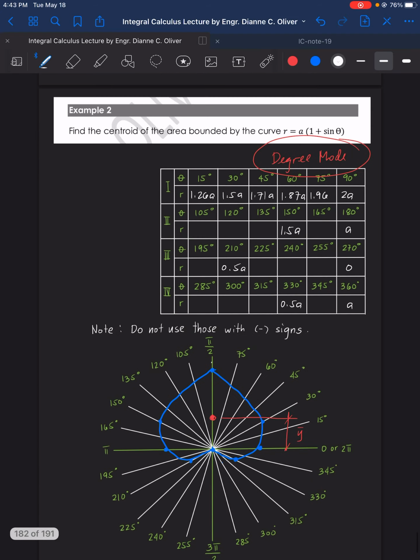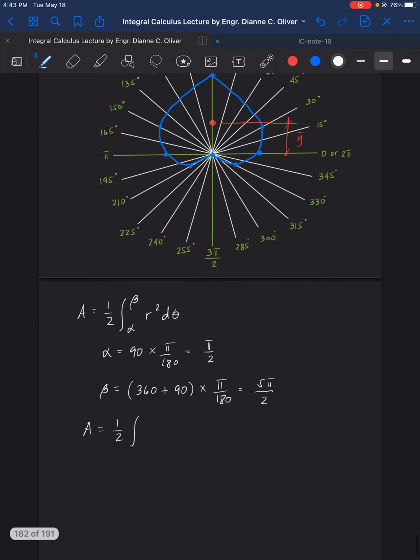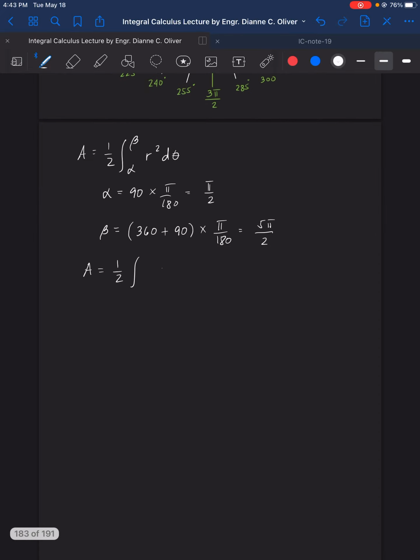The equation is a(1 plus sine theta) squared d theta. Alpha is pi over 2, beta is 5 pi over 2.